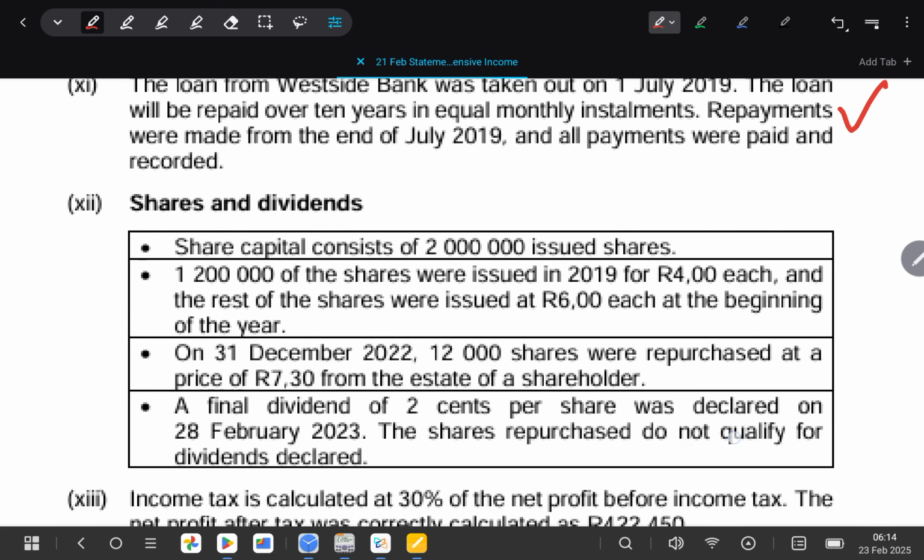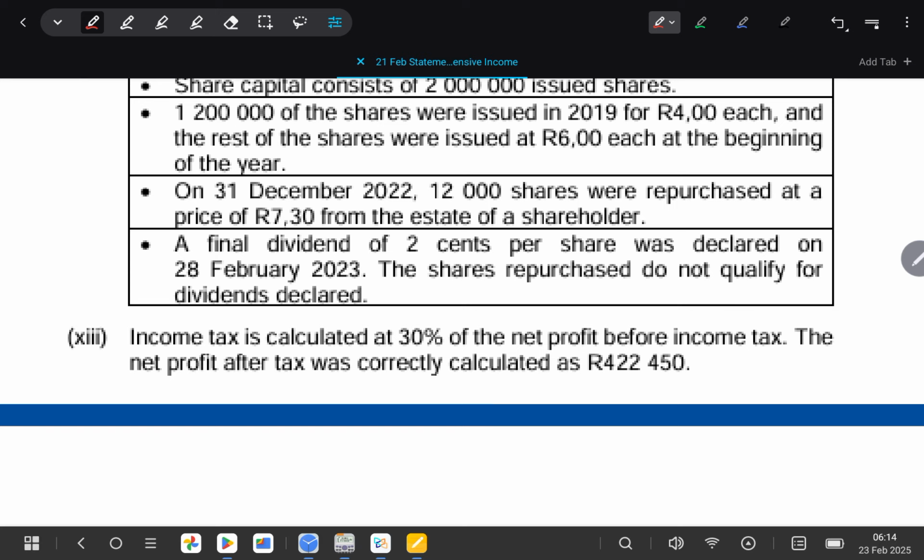And then the next one, they are telling us that income tax is calculated at 30% of the net profit before income tax. Okay, and they're saying that the net profit after tax was calculated as 422,450. So which means this 422,450 represents the 0.70 or the 70%, the after tax.